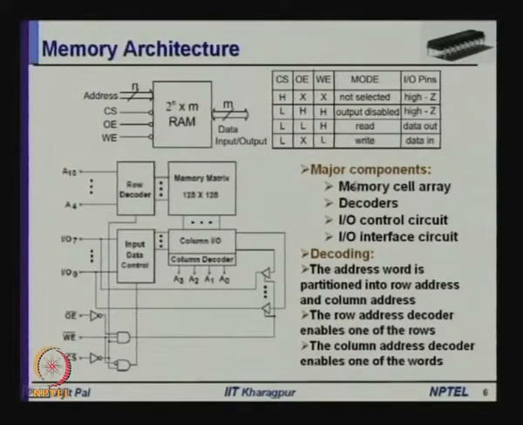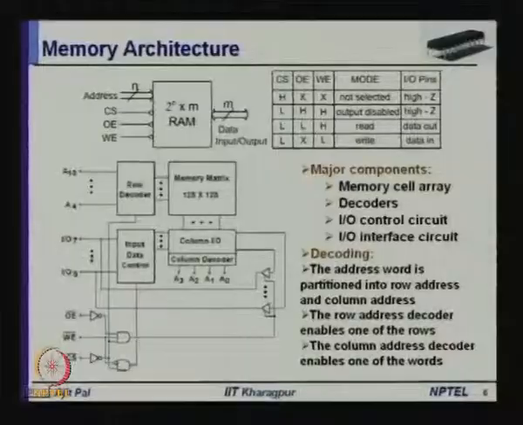First of all, these are the major components: the memory cell array, the memory matrix, which I have already discussed. Then you will require decoders, and there are two decoders here, a row decoder and a column decoder. The reason for having two decoders is to reduce the complexity of the decoders.